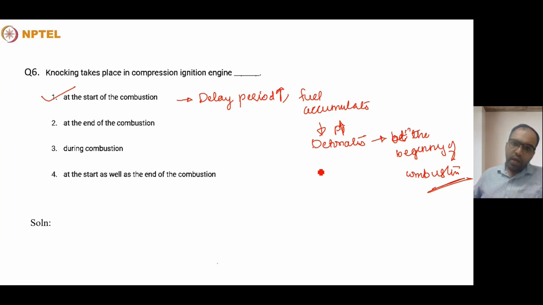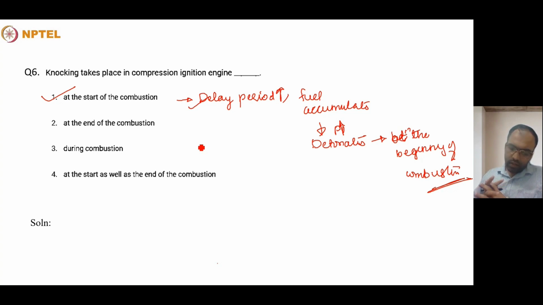Another difference is that in the case of SI engines, since the air fuel mixture is homogeneous, the rising pressure will be significant during the time of knocking. But in the case of a CI engine, since the air fuel mixture is heterogeneous, the rising pressure will not be that high during knocking compared to the SI engine.